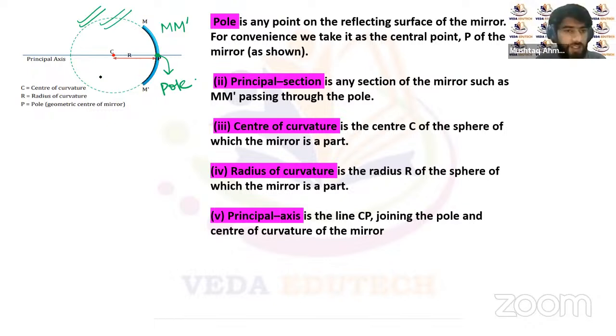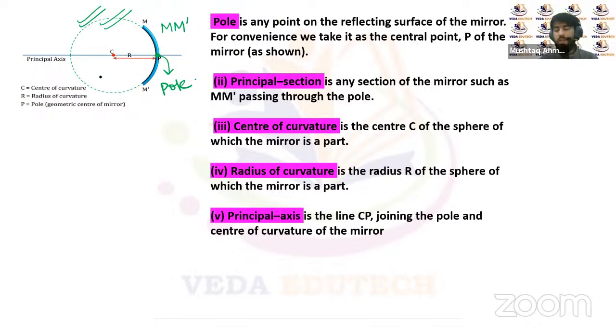So here the line CP is the principal axis. So there are four terms basically: center of curvature, radius of curvature, principal axis, and the pole of a mirror. These four definitions are very important to understand the concept of spherical mirrors.